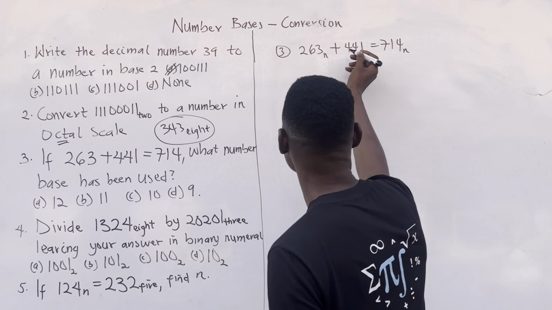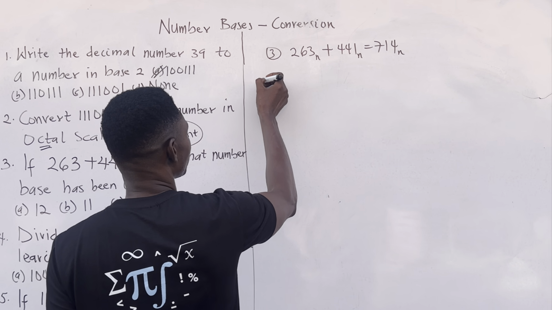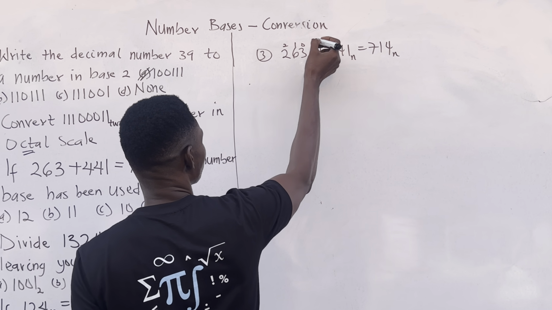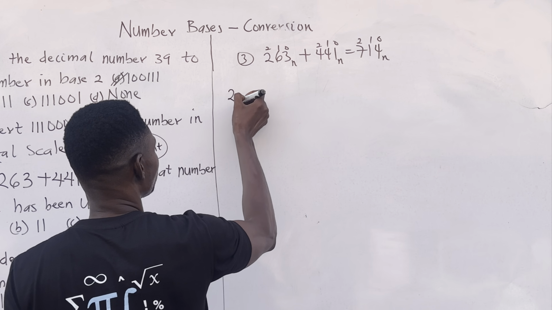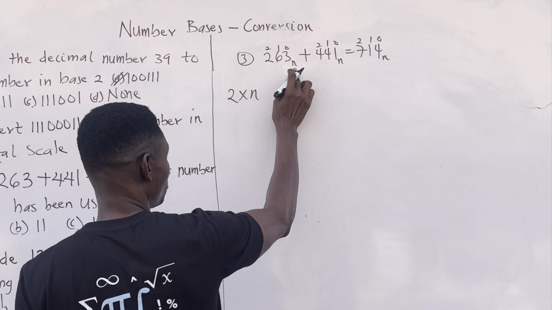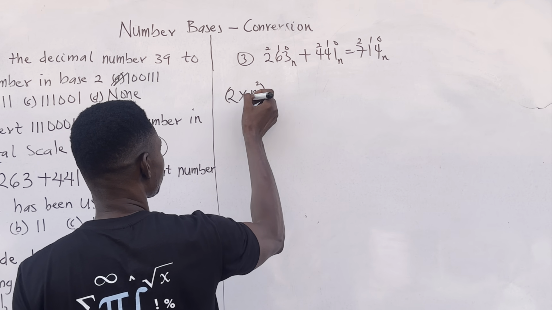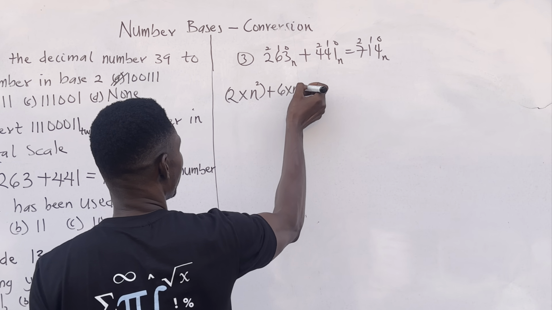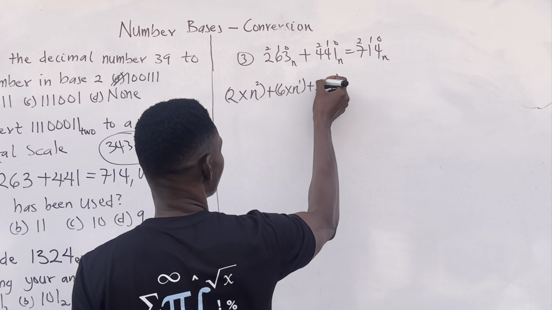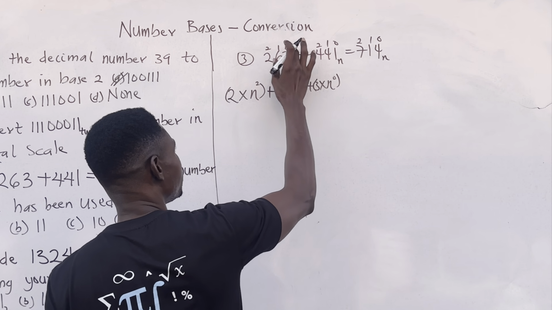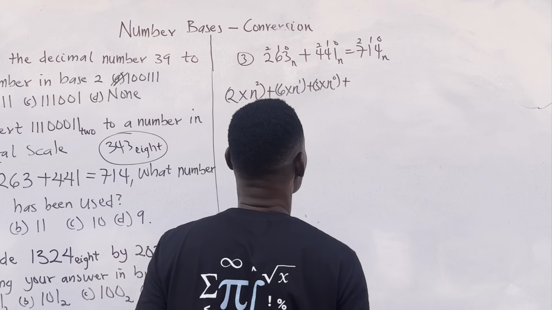So let's do that. So this is going to be, remember our 012, 012, 012. So this is going to be 2 multiplied by n, the base, raised to the power 2, plus 6 multiplied by n raised to the power 1, plus 3 multiplied by n raised to the power 0. So this is for this, plus, let me be economical with the board.